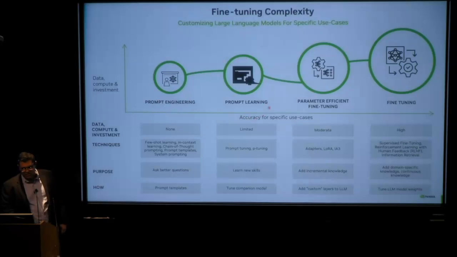Next on that list is prompt learning, which uses techniques like p-tuning, and these can add a couple of trainable neural net layers to the model to tune it. Then there are techniques called parameter efficient fine tuning, or PEFT, which use techniques like LoRA, or low rank adaptation, adding low rank matrices that get trained to an already trained model and enhancing it with your own data for a particular application. And then lastly, you could do fine tuning, where you're essentially adjusting all of your weights for some downstream task.